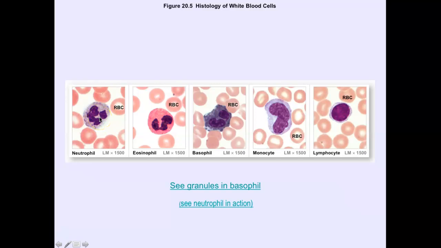So what you want to know about these neutrophils is that they are mobile. They can exit the bloodstream and crawl around your connective tissues to find the infection. They are phagocytic, so they are going to phagocytose the foreign infectious particles, whether it's a bacteria, whether it's a fungus, whether it's maybe a dead cell.